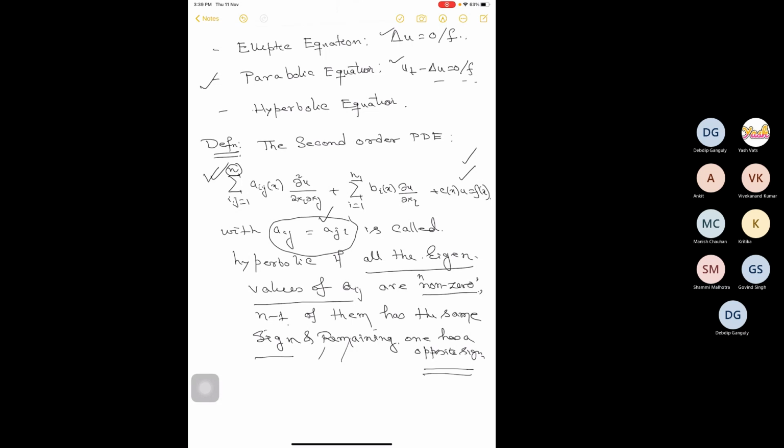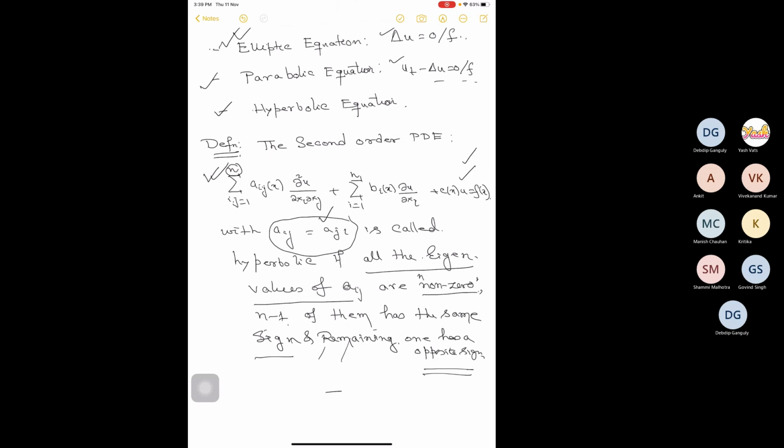And the others have the same sign. Elliptic, you know that all the eigenvalues have the same sign, right? And no zero eigenvalues are there. So these are the three classifications of second order partial differential equations: elliptic, parabolic, and hyperbolic.